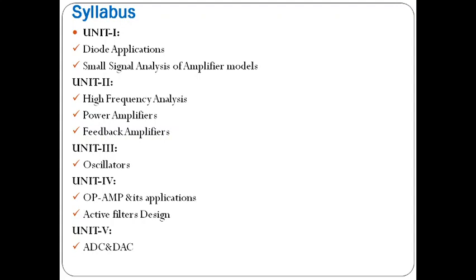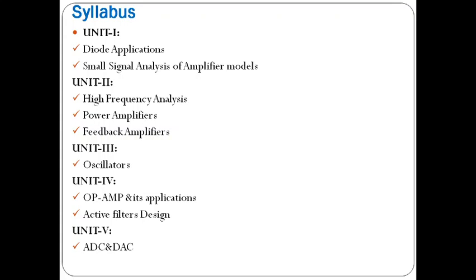In Unit 1 or Chapter 1, we will discuss the small signal analysis of amplifier models. In that, common emitter, common base, common collector, or in MOSFET, common source, common drain, and common gate.